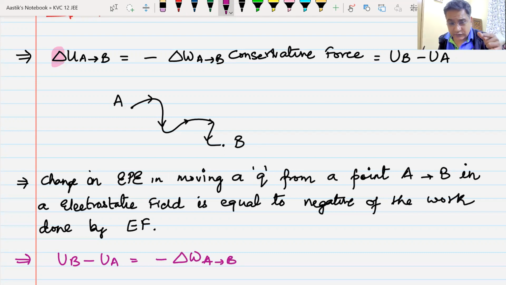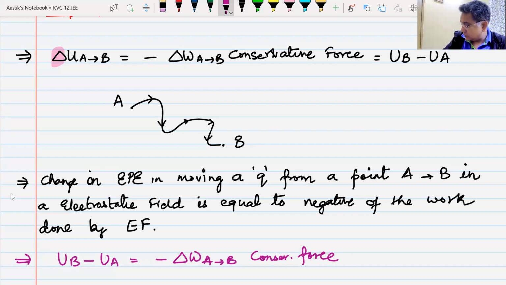If it is electrostatic force, it is electrostatic work done. If it is gravitational force, it is gravitational work done. Do you understand this?